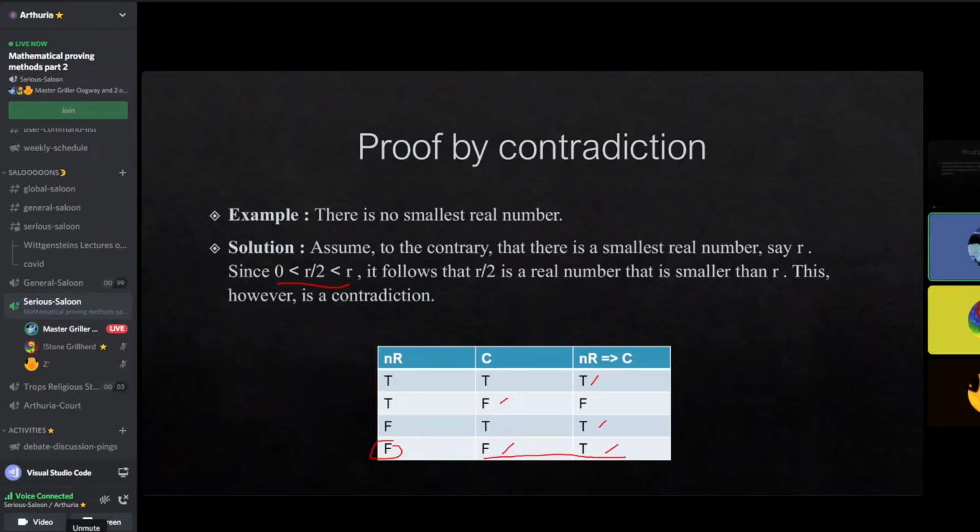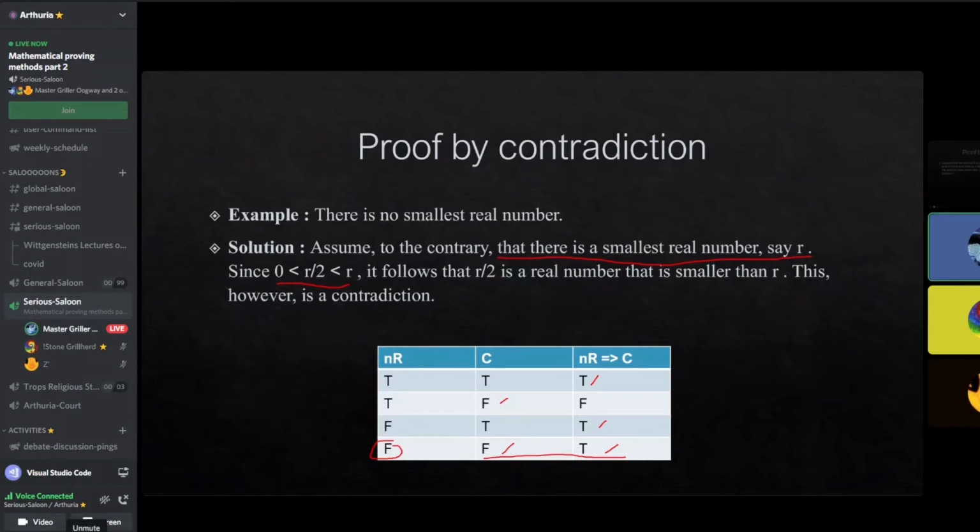But this is a contradiction, and the contradiction is precisely because of our assumption that there is a smallest real number. The smallest real number is R, and we have shown that R/2 is a smaller real number, and both of these things cannot be simultaneously occurring. That's a contradiction.